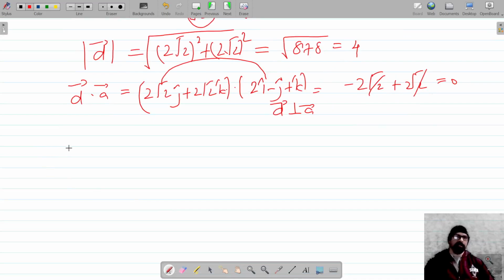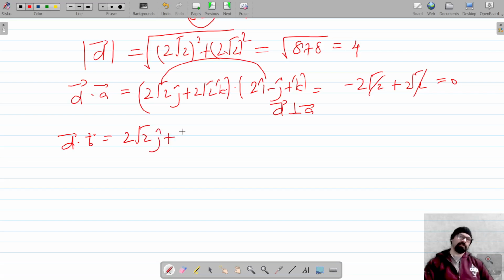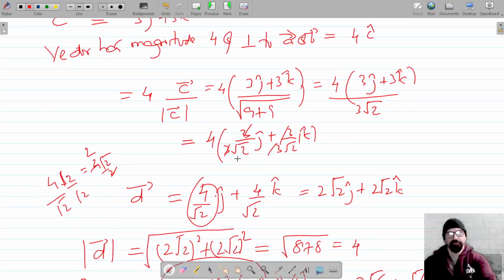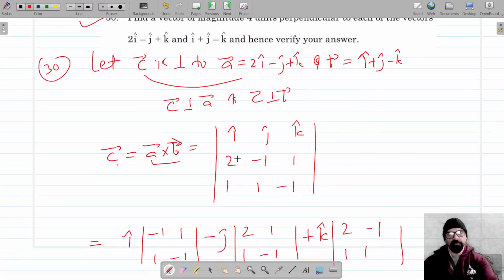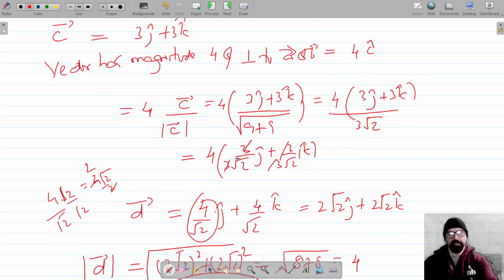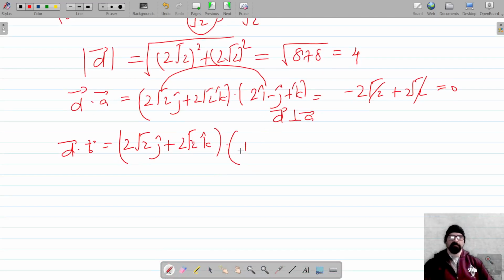Now, similarly, let's find the dot product of D with B. So this is 2 root 2 j cap plus 2 root 2 k cap, its dot product with the B vector. If it's 0, that means it's perpendicular to B as well. B is i plus j minus k, so this is i vector plus j vector minus k vector.